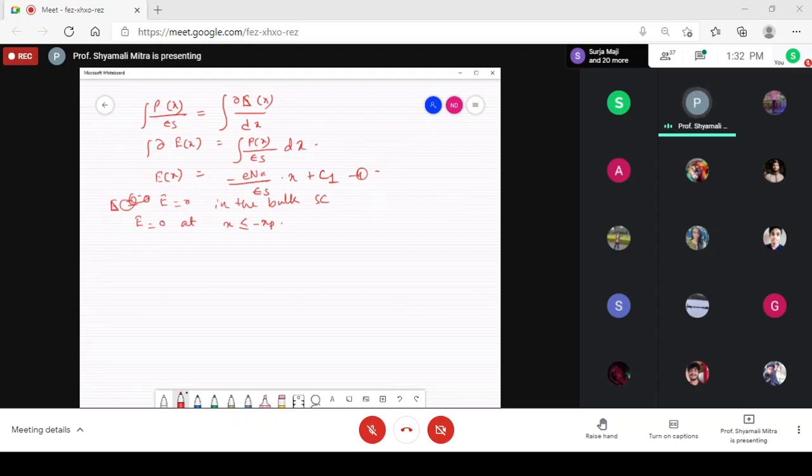We are left with C1 is equal to minus E Na divided by epsilon s, times minus xp. Is my derivation correct or not?